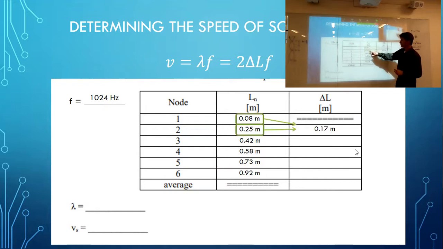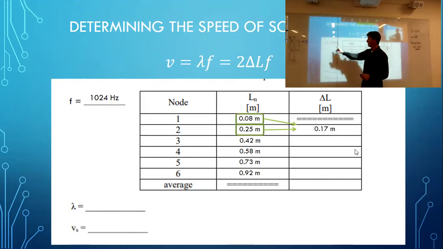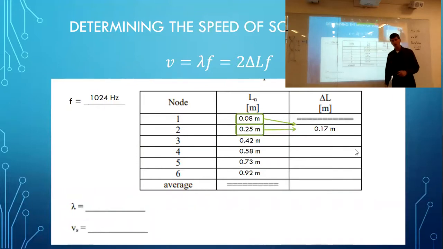So for instance, 25 centimeters minus 8 centimeters gives me 17 centimeters, or 0.17 meters. Take the average of all your delta L's. It should all be around 17 centimeters. And then multiply that by 2, and that will give you the wavelength. Okay?